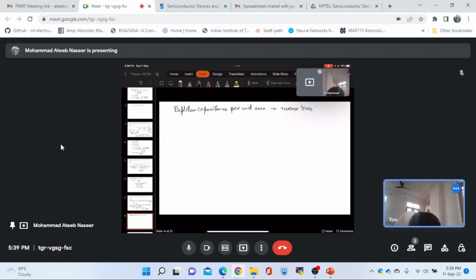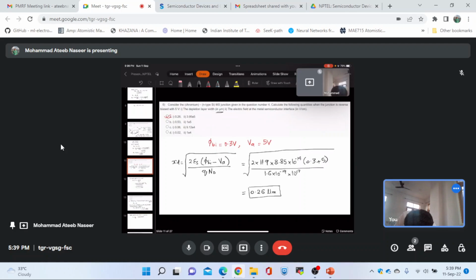So this Cj will simply be given by epsilon s by the depletion width. This will simply be 11.9 into 8.85 into 10 raised power minus 14 divided by the depletion width. Let's see what it came out to be. In the previous problem we solved, it was 0.26 micrometer.